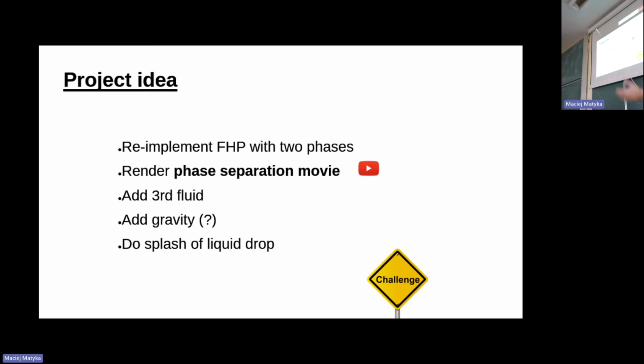There are obviously some ideas for future work with students at some point, but as I said, unless we really want to do that: to render a phase separation movie and add the third fluid, for instance, to see more interesting behavior, and maybe gravity, because that would give you the splash of a liquid drop.